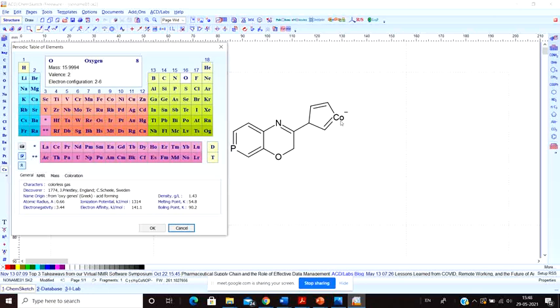So obviously, if I am keen on increasing the affinity by adding a group which has higher electronegativity, I am going to use oxygen. But not only oxygen, I can also use fluorine because it has much higher electronegativity, 3.98. So that's one of the reasons why you need electronegativity.